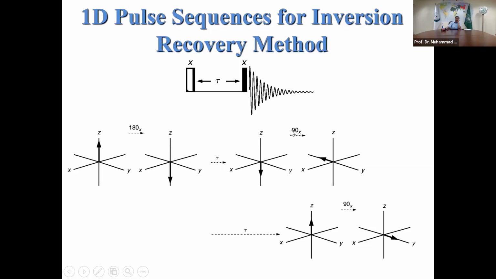Only by a 90x pulse. If you don't bring it to the xy plane, you will not be able to record it. So it has to be on the xy plane. And every time, after a certain delay, if it is a negative signal, it will come by the right hand thumb rule. If it is a positive signal, up, then it is going to be the opposite. So you see from full negative to full positive.